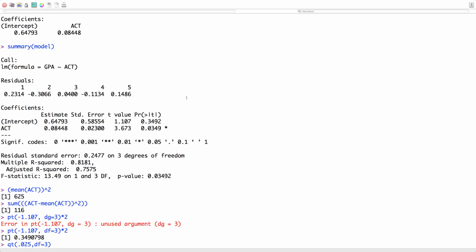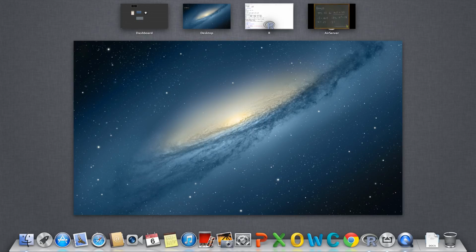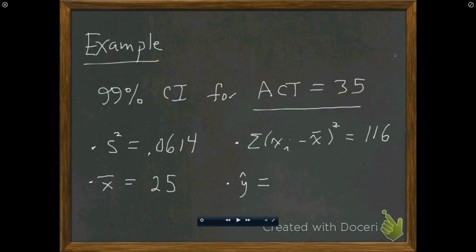The predicted value for 35, let me get our sum of x. That's 116. And our predicted value for 35, so what I'm doing is filling in these values.